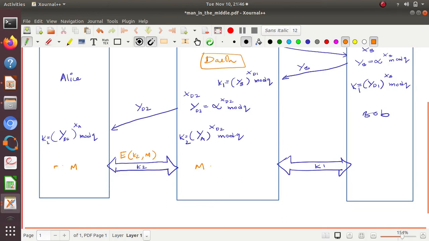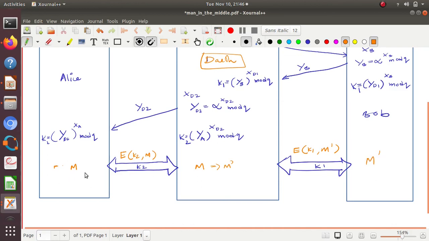So Darth will modify M into M dash, then transmit that message encrypted with K1, E(K1, M dash). That will be received at Bob's side, and Bob can decrypt by using K1. So Bob will get M dash.